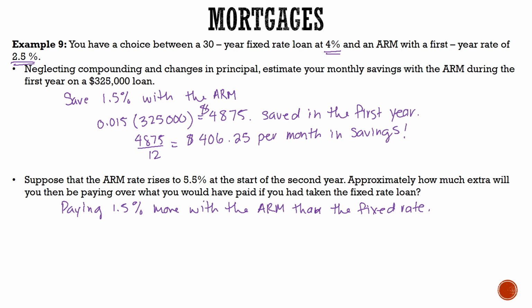So how much is that going to turn out being? Well, again, we have the 0.015, and this is still going to just be on that $325,000 because we're ignoring some of the other yucky details right now. So $325,000. This is the same calculation as this previous problem though, so we know that this is going to be $4,875 that we're going to have to be spending beyond what the fixed rate mortgage payment would have been, so more than the fixed rate option.